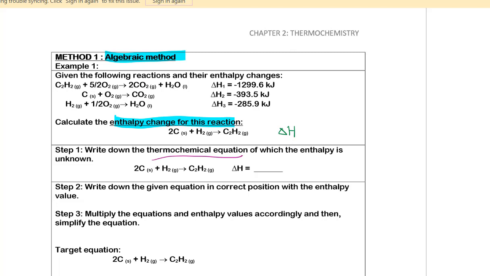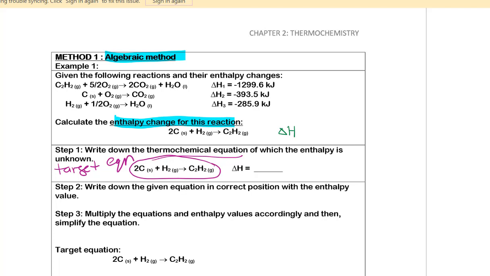For this question, the chemical equation is given. For some questions, the chemical equation is not given, so you need to build it up by yourself according to the question. We call this the target equation.